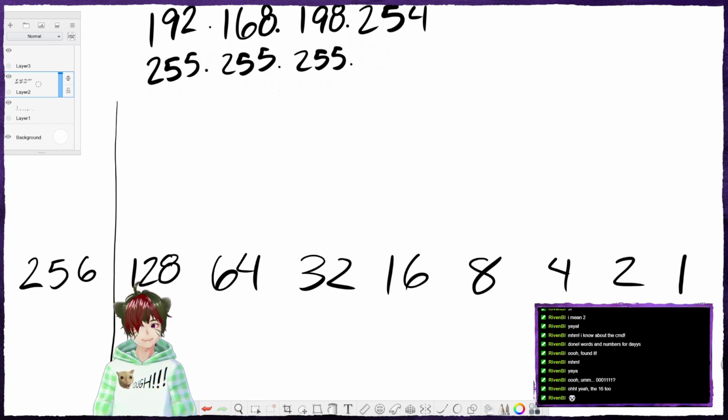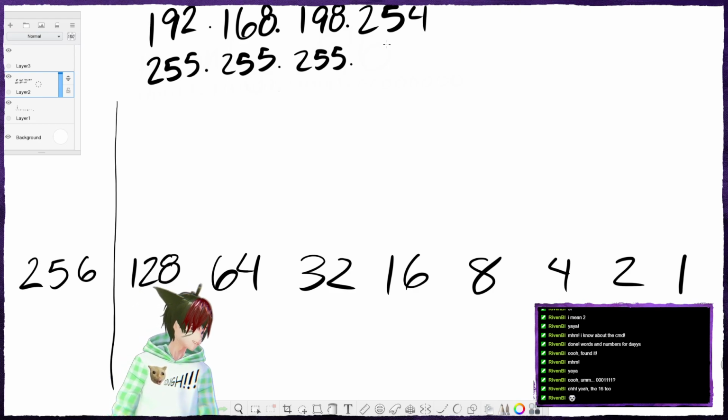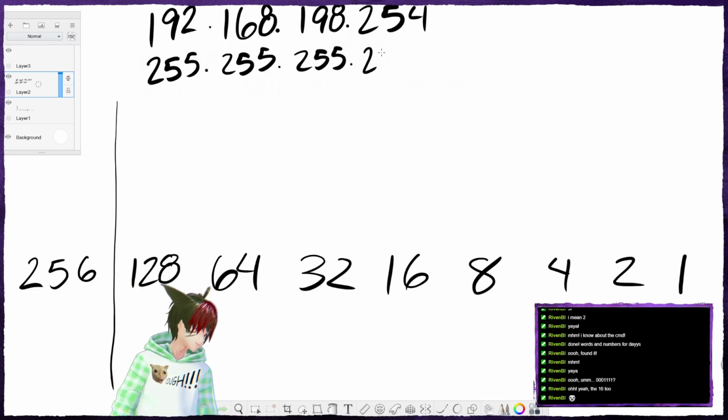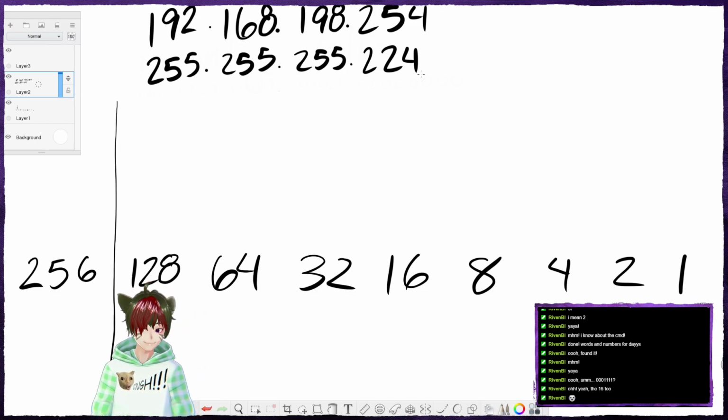So, like, let's say your subnet mask says, instead of a 0, it is 224. At least I think so. Yeah, 224. So, really quick, give me 224 in binary. This one is gonna be all you, dude.